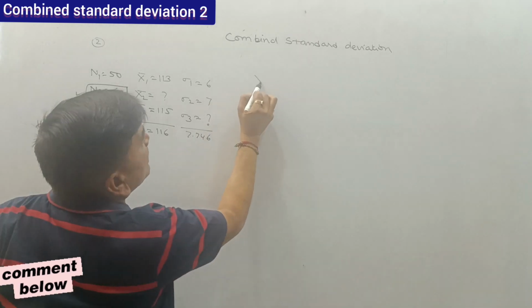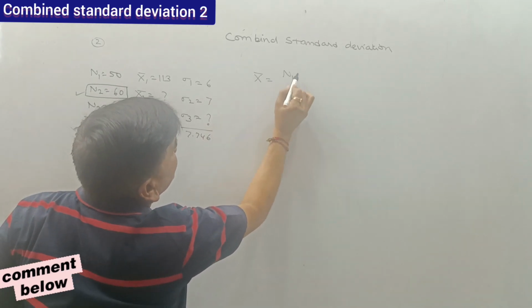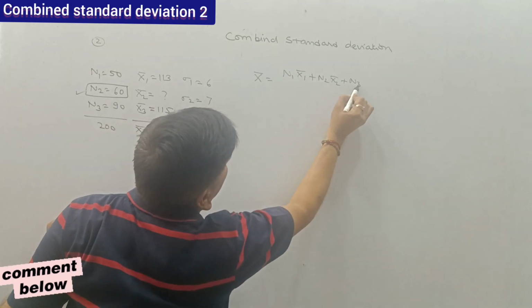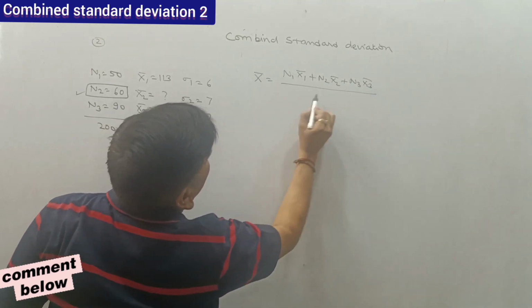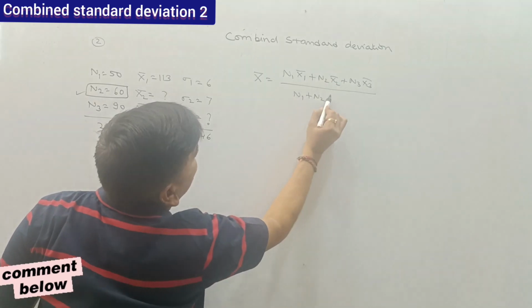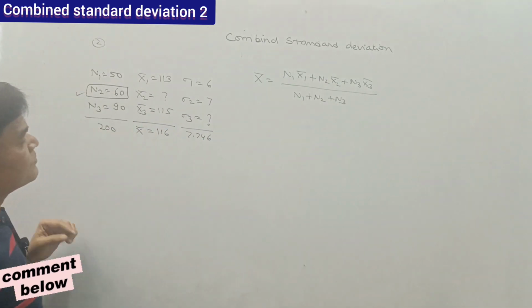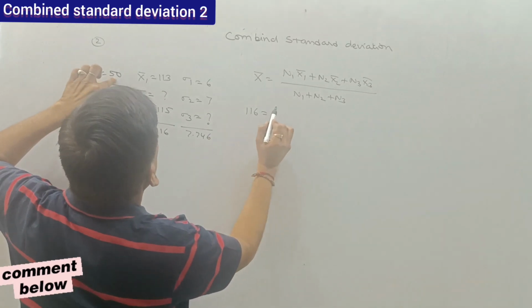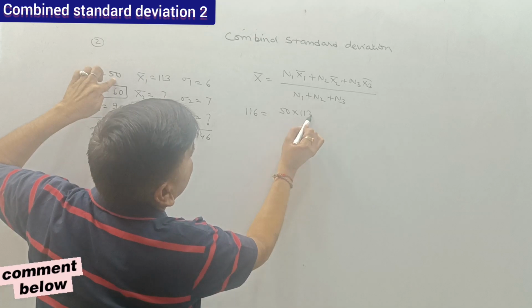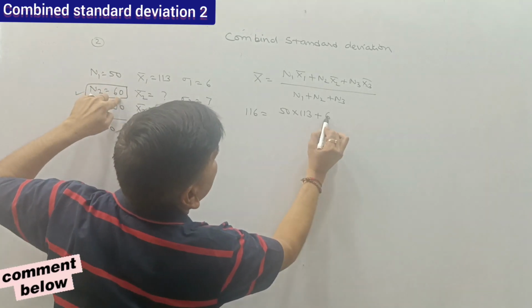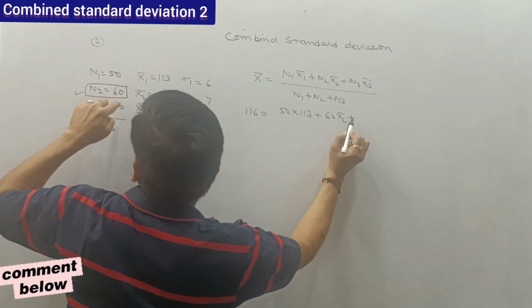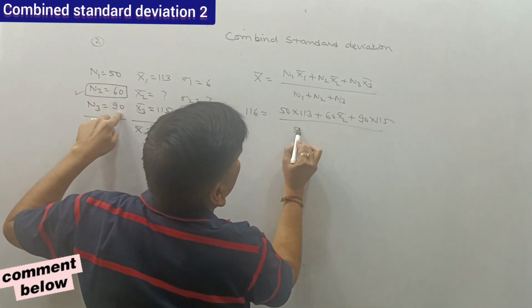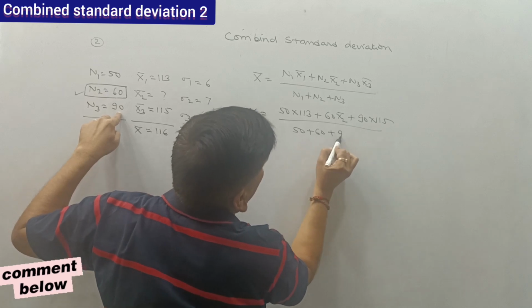Now combined arithmetic mean X is N1 X bar 1 plus N2 X bar 2 plus N3 X bar 3 divided by N1 plus N2 plus N3. This is given 116. Value of N1 is 50 multiplied by 113 plus 60 X bar 2, not given, plus 90 multiplied by 115, divided by 50 plus 60 plus 90.